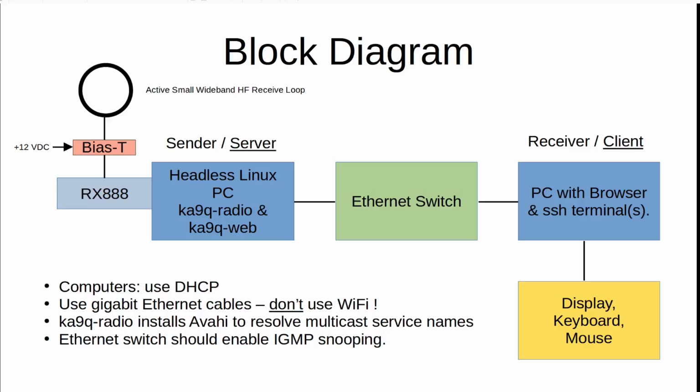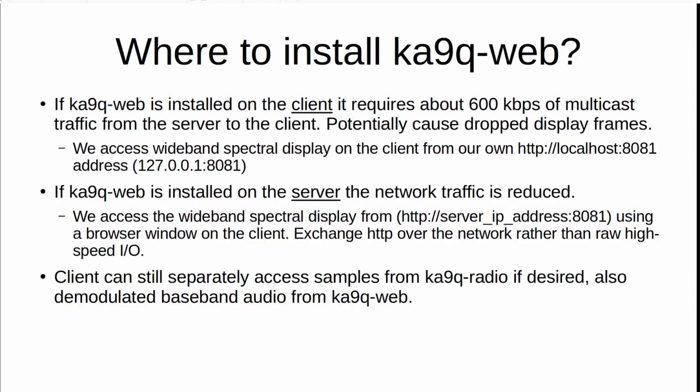So our PC has a display, keyboard, and mouse, but our Linux server in this case is headless, and we're getting to it using just the CLI interface. So next we'll go into the demonstration of setting that up.